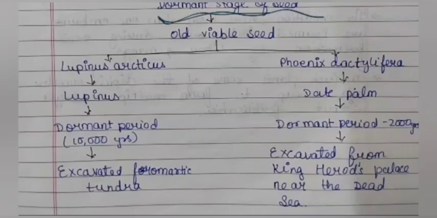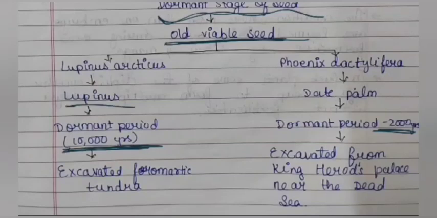Dormancy is also notable, as a few very old viable seeds have been found. In the case of Lupinus arcticus, its dormant period is 10 years, and another example, for 2000 years, is a date palm.